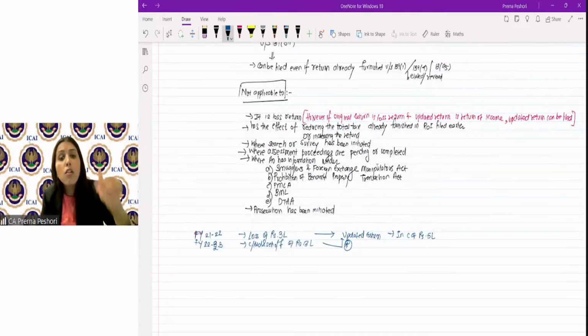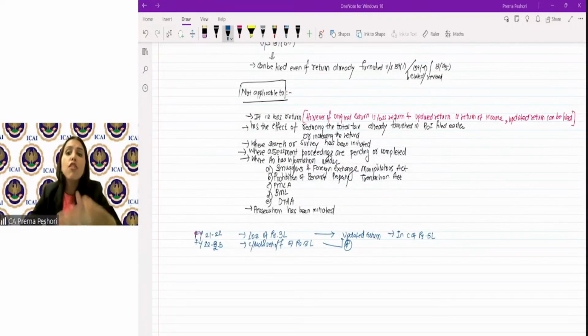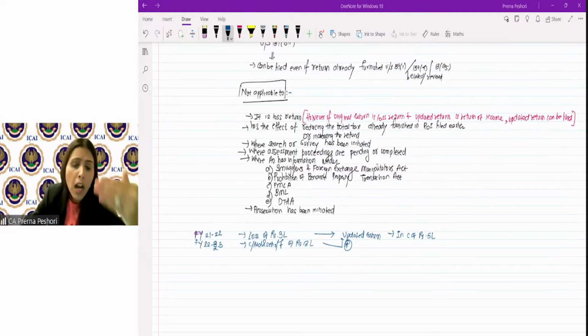So if the loss or unabsorbed depreciation or any tax credit has to be reduced for the next year as a result of furnishing the updated return for this particular year, then updated return is to be furnished for each subsequent year as well. Are we clear?